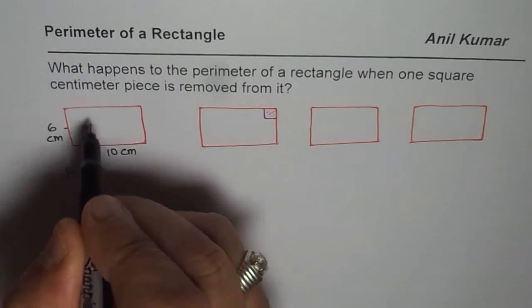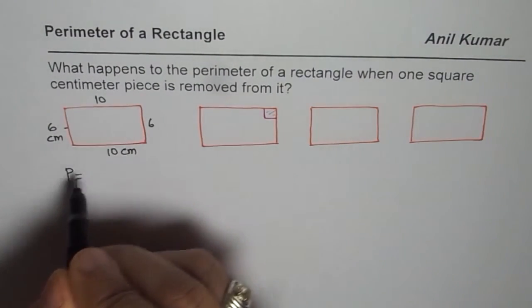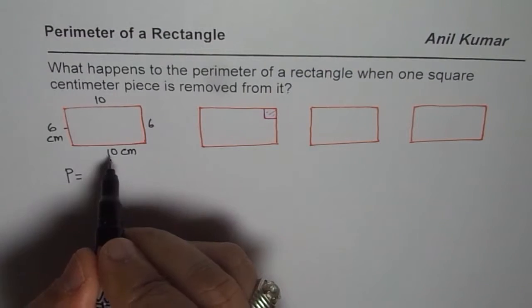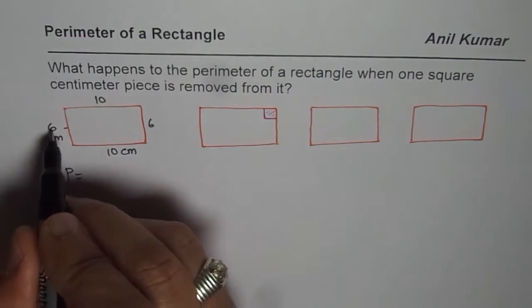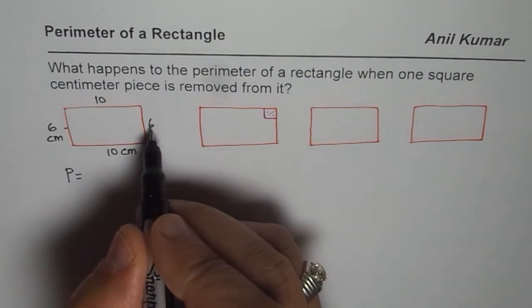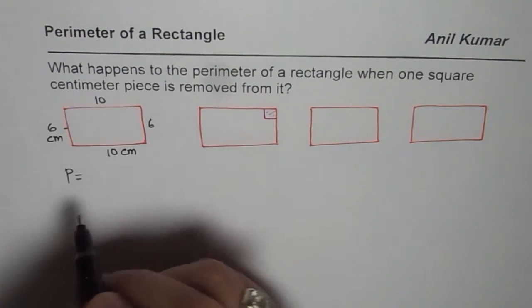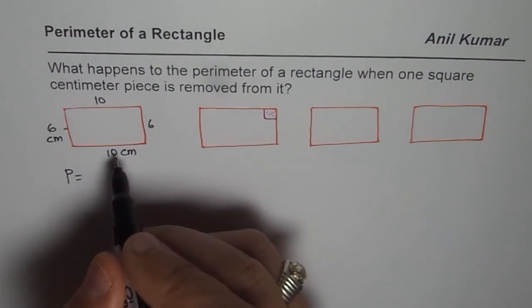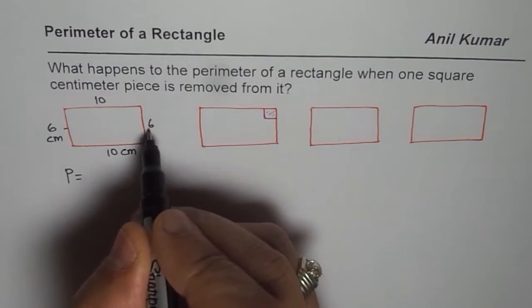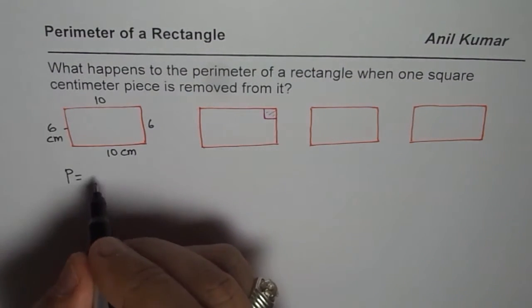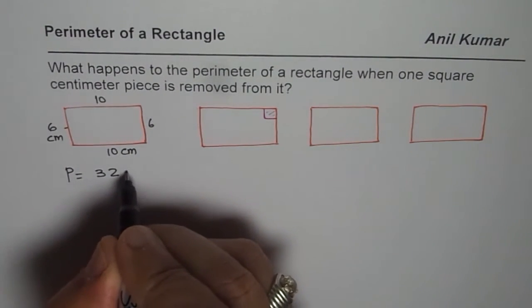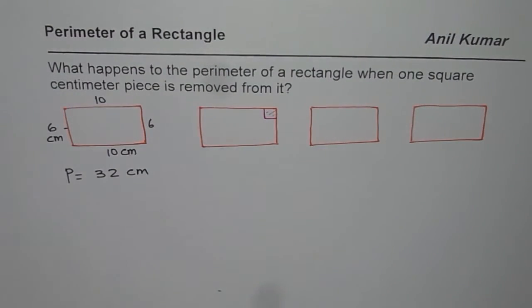So this is 10, this is also 10, and this is 6. So when you add them, you get 10 and 10 as 20, 6 and 6 is 12, so you get 32, right? Or what you can do is you can add 10 and 6, which is 16, multiply by 2. So you get a perimeter of 32 centimeters in this case.